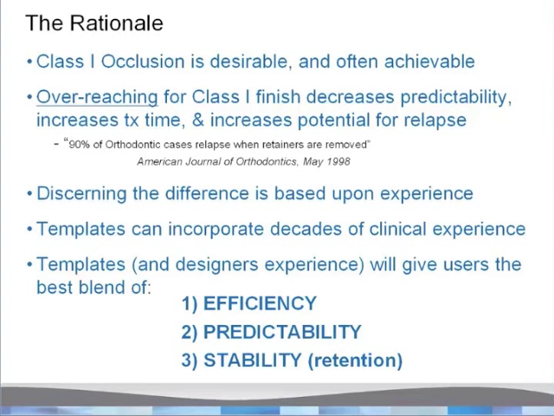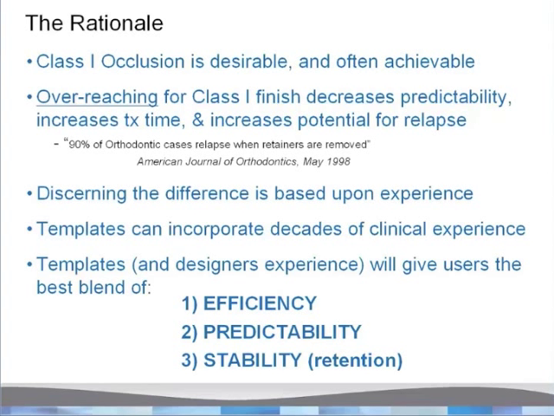So part of what is built into the template is we are looking for a predictable, stable, long-term occlusion for the patient. And being able to discern which patients are suitable for achieving the gold standard of Class 1 occlusion and which ones are not is something that's just based upon experience.